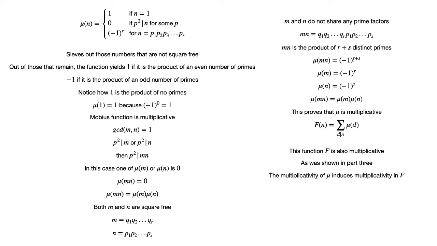This function capital F is also multiplicative, as was shown in the previous part, since the multiplicativity of mu induces multiplicativity in capital F. Knowing this, we come to the realization that in order to evaluate the value of F for any n, all we need to determine is its value at powers of primes, since all primes are co-prime, and we can then leverage the multiplicativity of F in conjunction with the prime factorization of n in canonical form to calculate capital F of n.